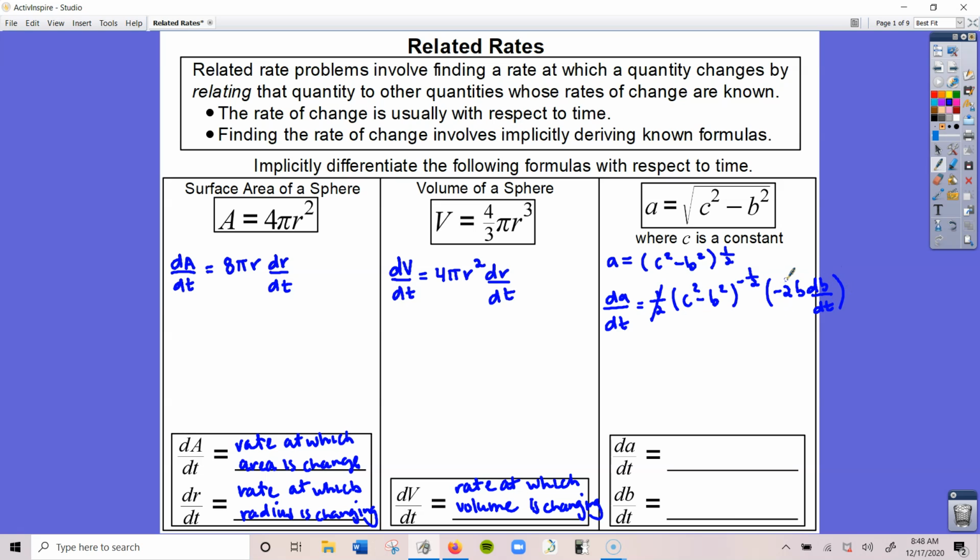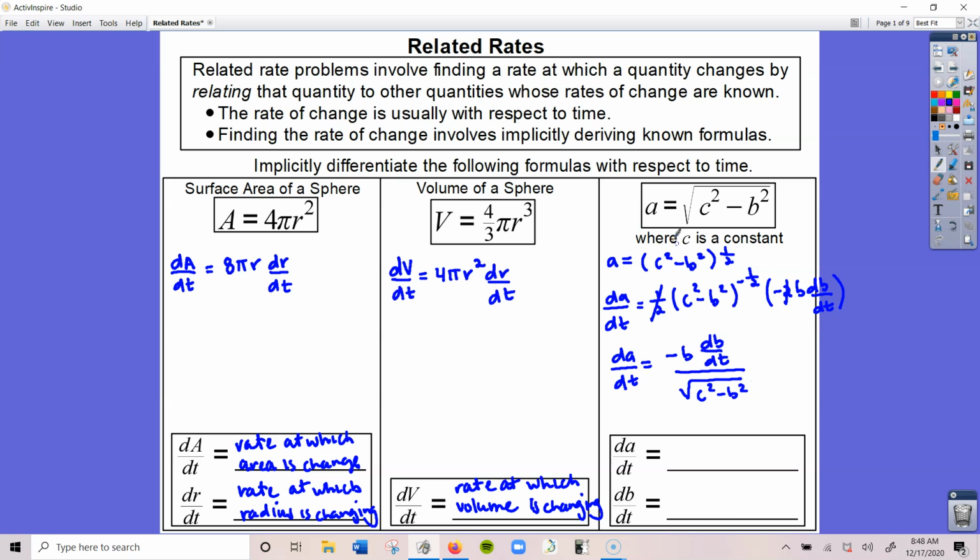The 1/2 and the 2 would cancel, and so we end up with dA dt equal to negative b dB dt over the square root of c squared minus b squared.